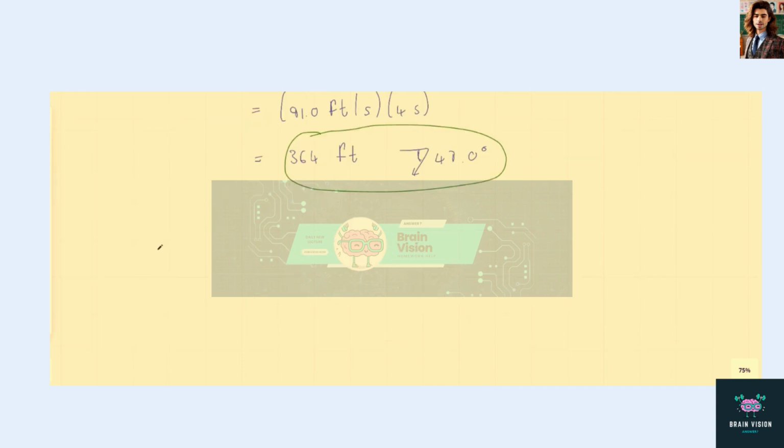Now lastly, for part C, the distance between the two autos 2 seconds after A has passed the intersection. We know auto A travels for 2 seconds. So VA is 66 feet per second at an angle of 20 degrees.